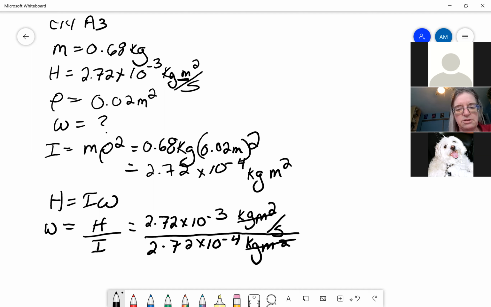Those are going to cancel, so we're going to be left with per second, which of course means we can put the radians back in. 10 to the minus 3 divided by 10 to the minus 4 would be 10 radians per second.